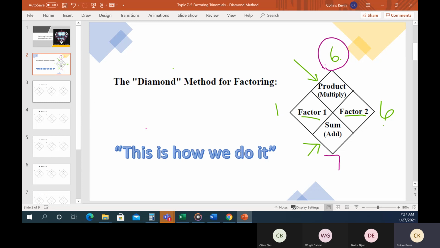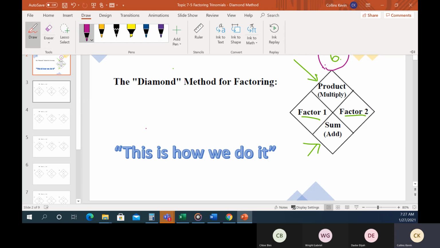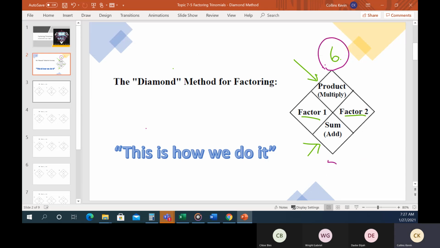So let's do this. Okay, we know we have our possibilities. We got 1 and 6, we got 2 and 3, right? So what if our bottom number here, the number that we add together, is 5? Which set of numbers should we use? Should we use 2 and 3, or should we use 1 and 6?